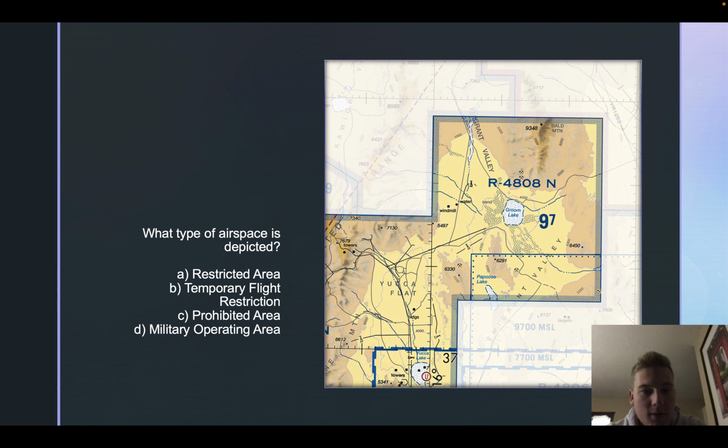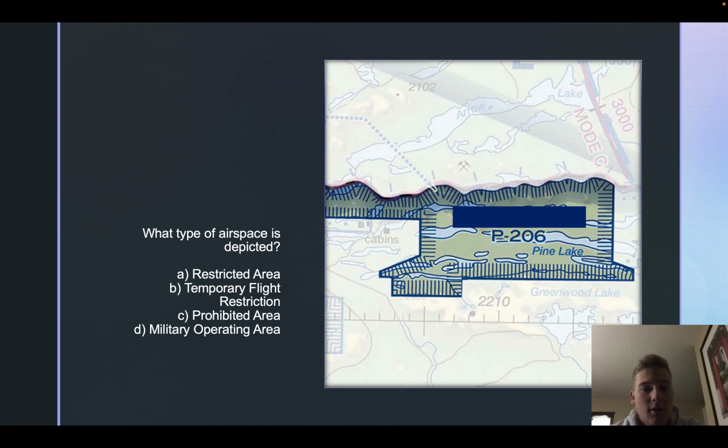Here we see that the name of that starts with an R and then is 4808. If we go back to here, it starts with a P. So it looks pretty similar, but the identifier on it is P206. So we're asking, is that restricted area, temporary flight restriction, prohibited, or military operating area?